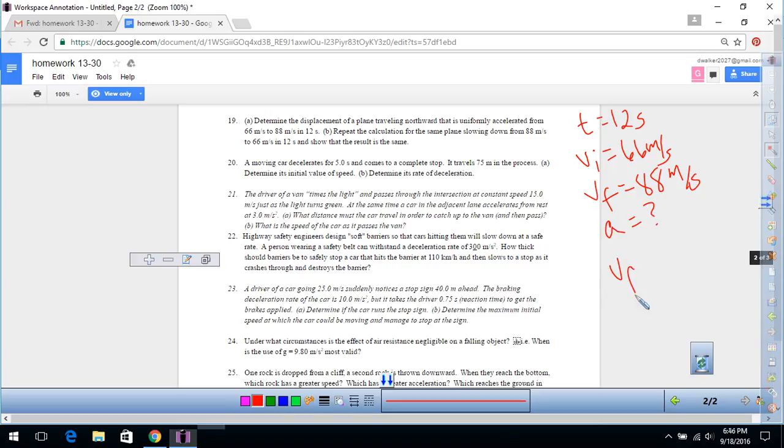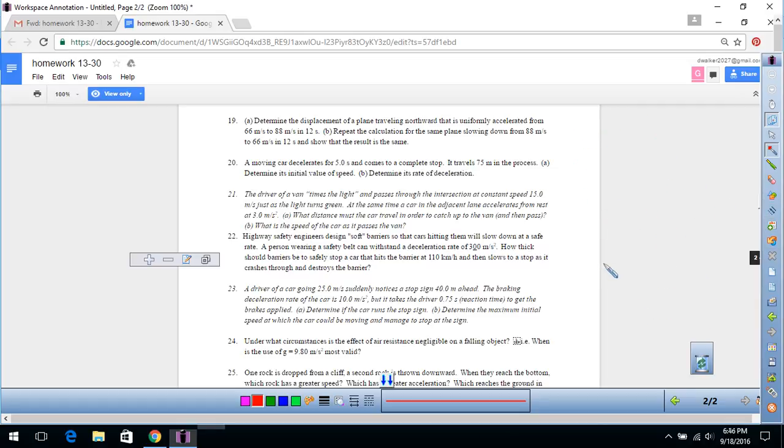Well, you have VF equals VI plus AT. You know this, and you know this, so rearrange and solve for A. So A is going to be VF minus VI over T, okay? Repeat the calculation for the same plane slowing down from 88 to 66 in 12 seconds and show that the result is the same, so that's not any big deal. You can easily do that.